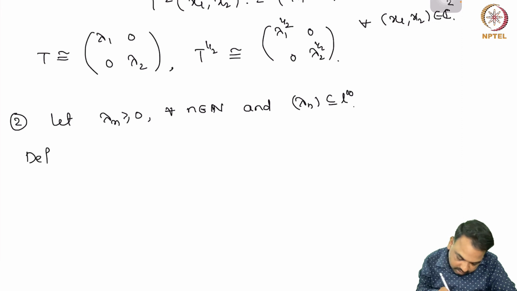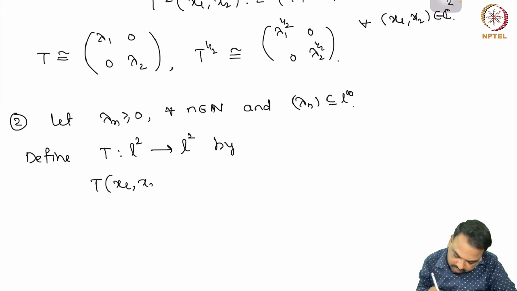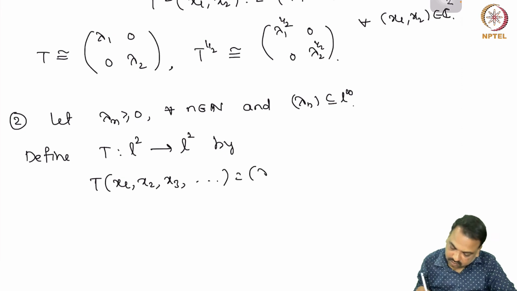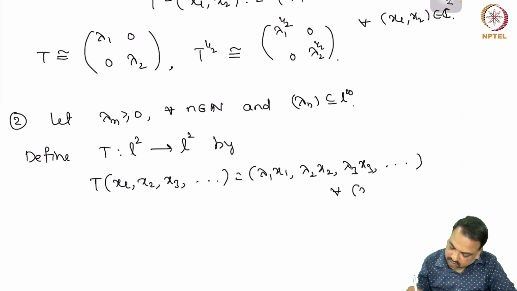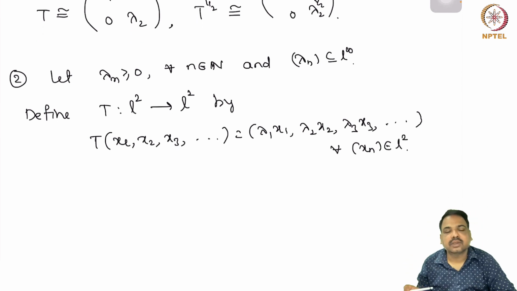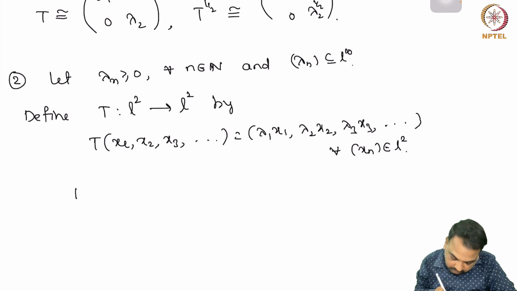So define T from L2 into L2 by T of (x1, x2, x3, and so on) is nothing but (lambda 1 x1, lambda 2 x2, lambda 3 x3, and so on) for every (xn) in L2. Earlier we have seen that the matrix of T with respect to the standard orthonormal basis of L2 is an infinite diagonal matrix with diagonal entries lambda 1, lambda 2, lambda 3, and so on. So T can be written in this way.